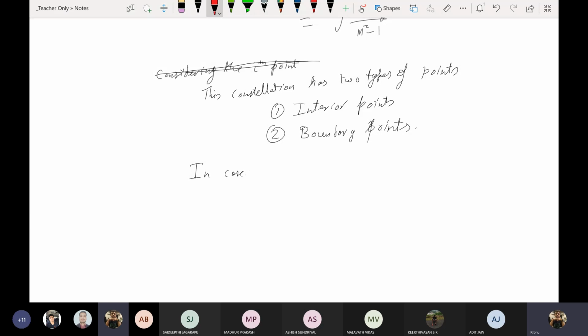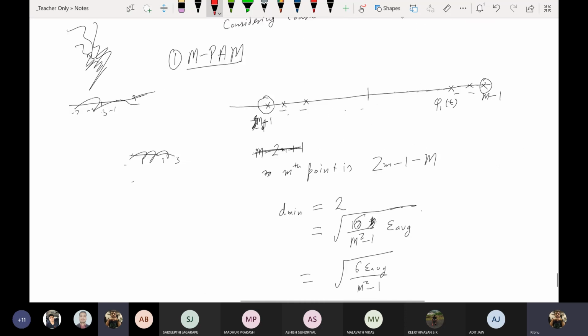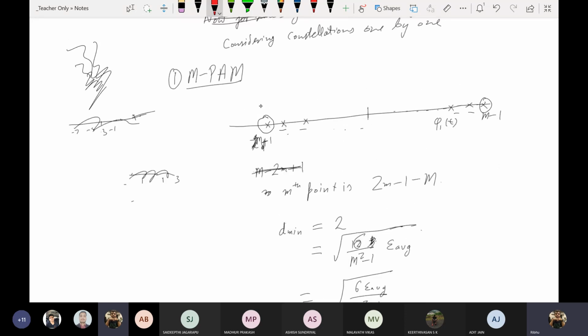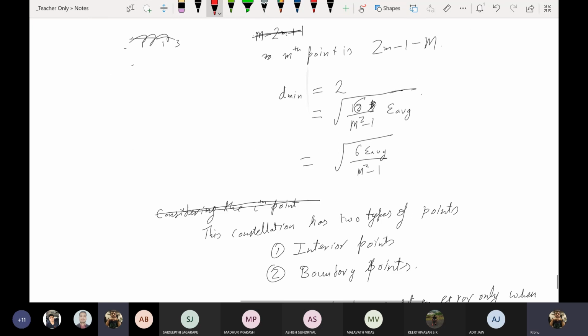In case of boundary points, we get an error only when, in case of this point, you will get an error only when the, rather let me draw a simpler constellation.